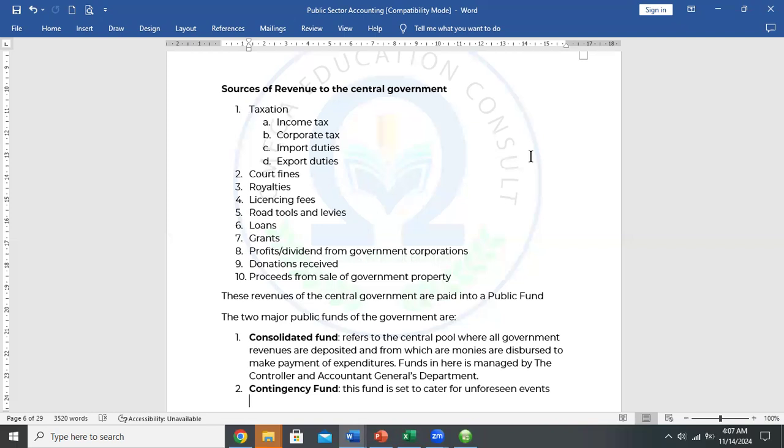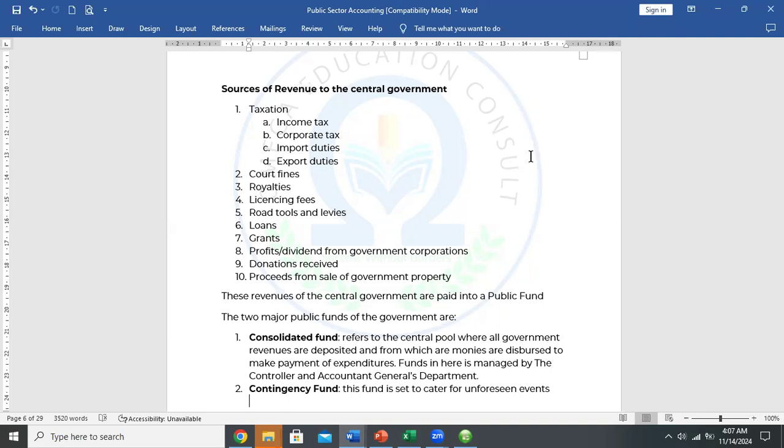So if you are using a government's asset, you pay royalties. Then licensing fees, like the driver's licensing fees, or the licenses that you need to be able to do certain things. Road tolls and levies. Unfortunately, Ghana is now not tolling the roads, so the monies are not coming from there anymore.